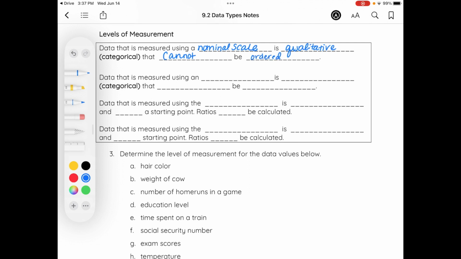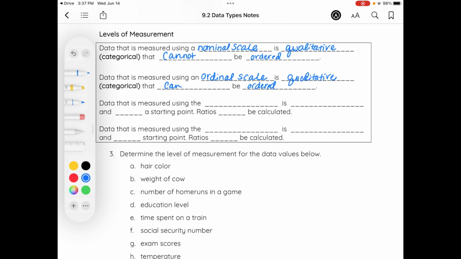So qualitative data that is not ordered is nominal. We could also have an ordinal scale that is also qualitative, that can be ordered. And I have examples of both down below.